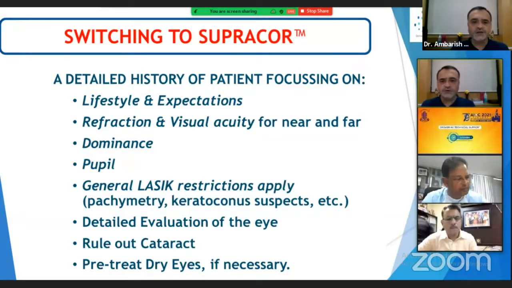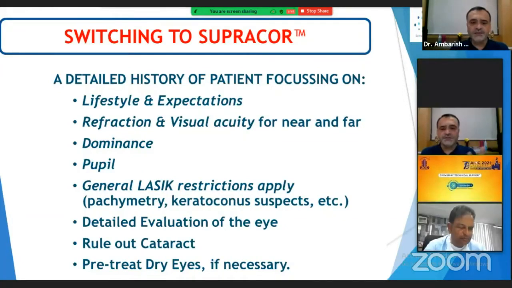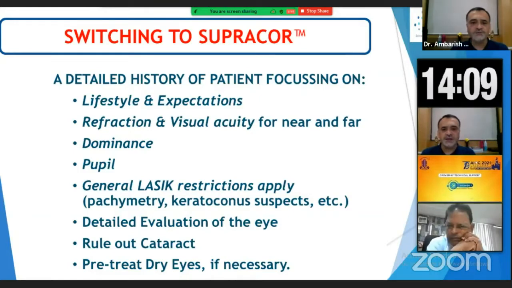General LASIK rules, whatever is required, like say pachymetry, keratoconus, your topography map, any suspect, any abnormality with the cornea, naturally you have to deny those patients any refractive correction. Rule out the cataract. Normally, in my choice of patient, the age range between 45 to 55 I consider an ideal age to do this presbyopic correction.